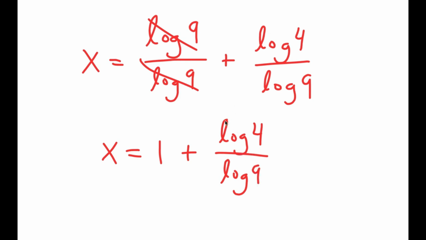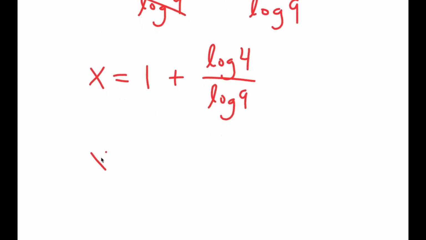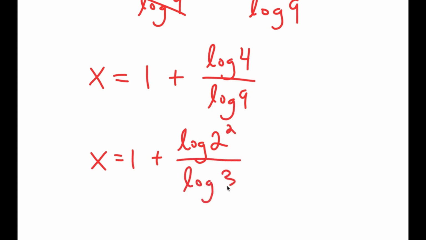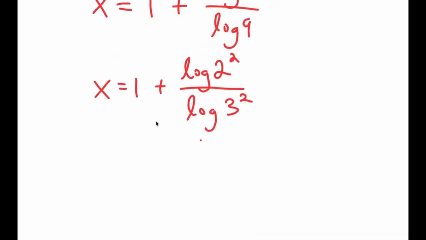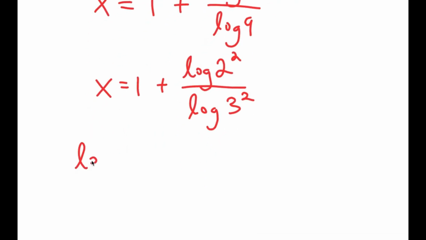Now from here, I'm going to simplify this by rewriting log 4 as log of 2 squared, because 4 is equal to 2 squared. And I'm going to do the same thing to log 9. I'm going to rewrite it as log of 3 squared. So now remember that if I have something in the form log a to the power of b, this is equal to b times log a, because I can move b to the front.